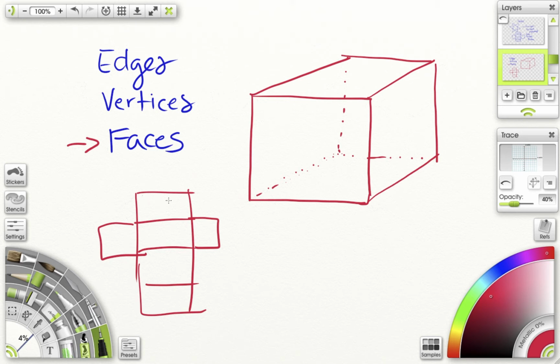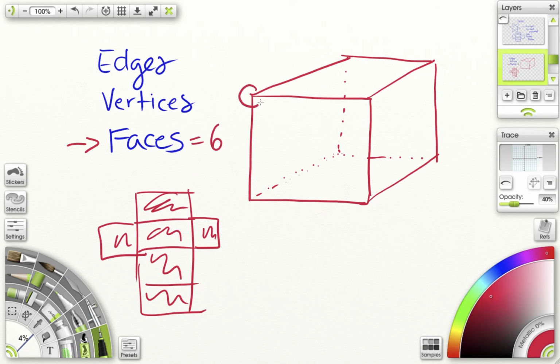So these 2D shapes, 1, 2, 3, 4, 5, and 6, are called our faces. They're the flat sides of the shape. How many faces would a cube have? The best way to think about a cube is a dice. How many sides does a dice have? It has 6. So a cube has 6 faces.